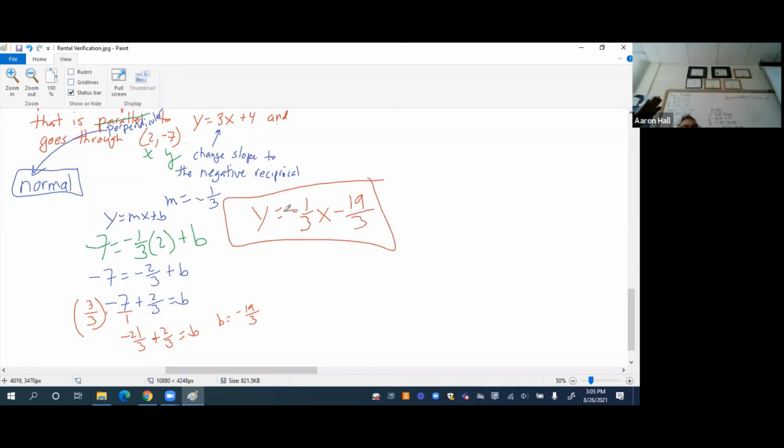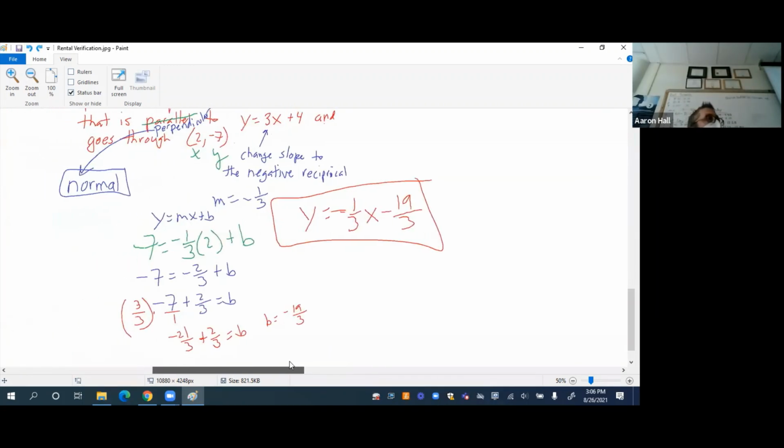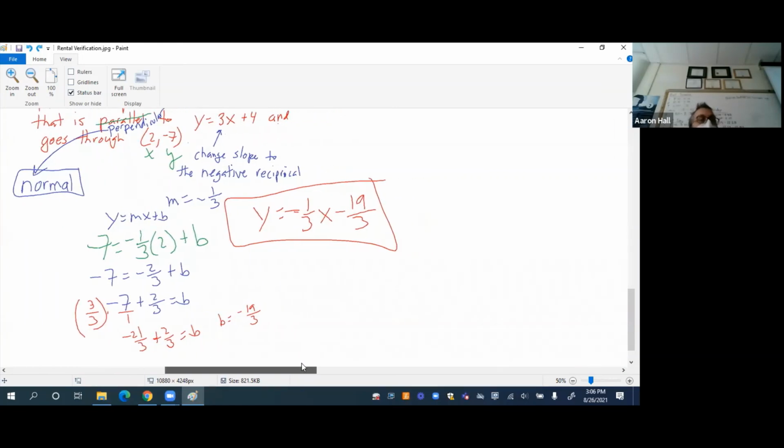That equation is perpendicular to this other equation, right? And it goes through this point. It does both. Is anybody still copying? Okay.